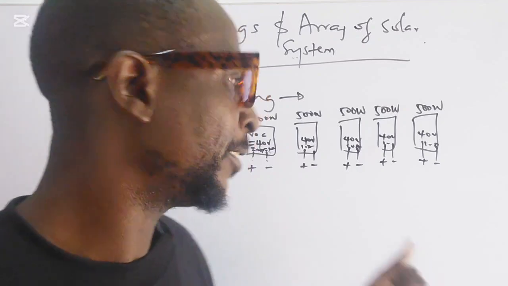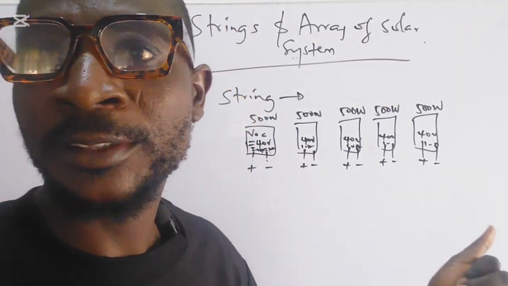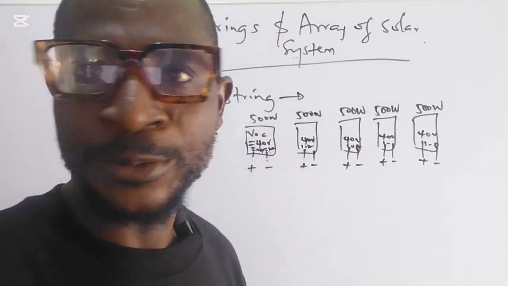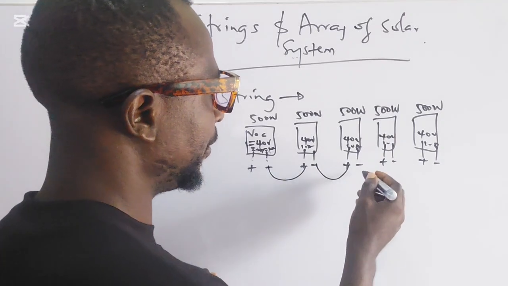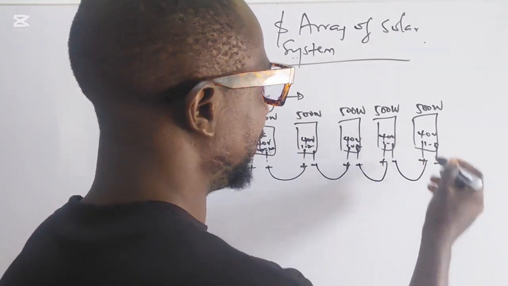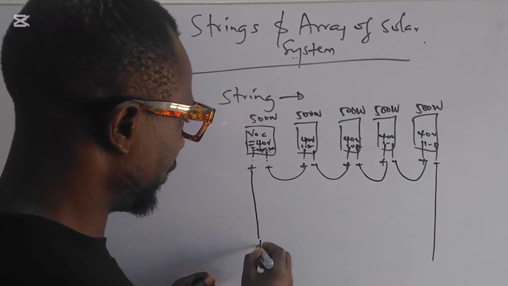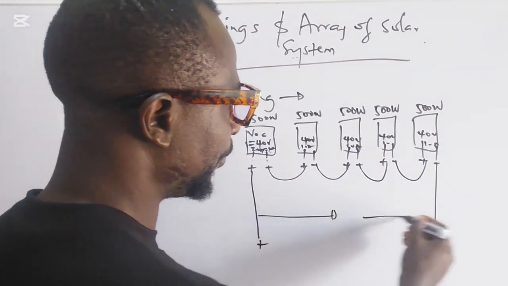In a series connection, you connect plus to minus, plus to minus. That is series connection, connect end to end. We have this to this, this to this, this to this, this to this. Then we have this as the output, plus and minus.